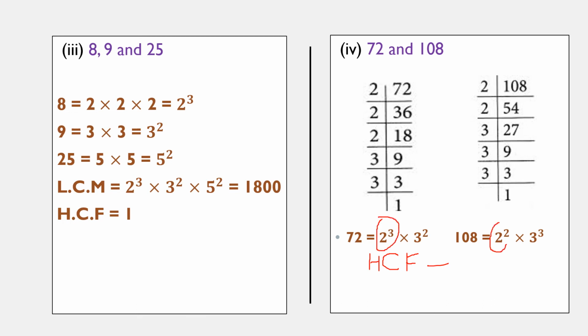Next, here 3, here also 3. These 2 and 3 are common. But from the common things, HCF means you should take the smallest power.